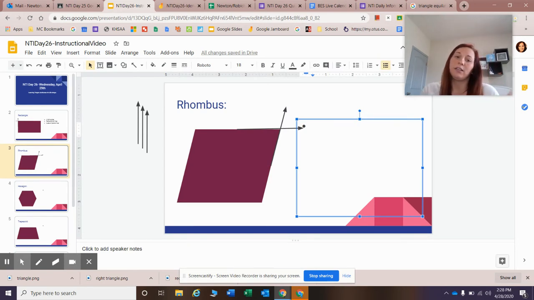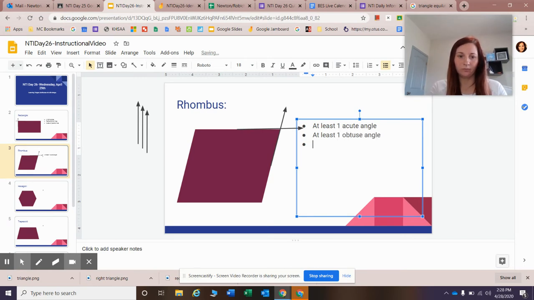Let's go through the different types of angles. Does it have acute angles? It does. This is an acute angle. So let's say it has at least 1 acute angle. And then it looks like this is an obtuse angle right over here. At least 1 obtuse angle. And it doesn't have any right angles.